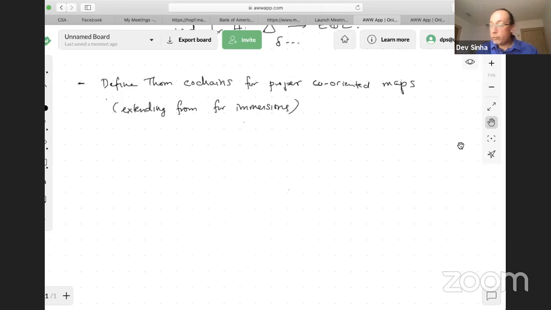And this is basically to follow Quillen's treatment of complex cobordism. So bordism has a manifold definition, but so does cobordism.